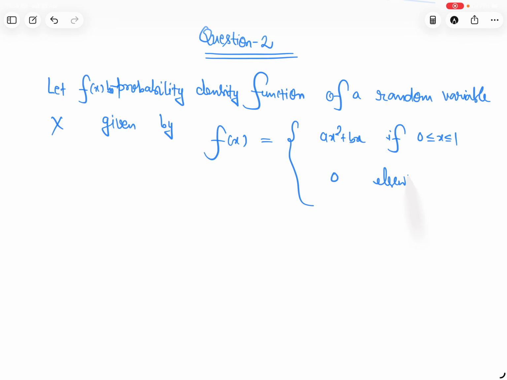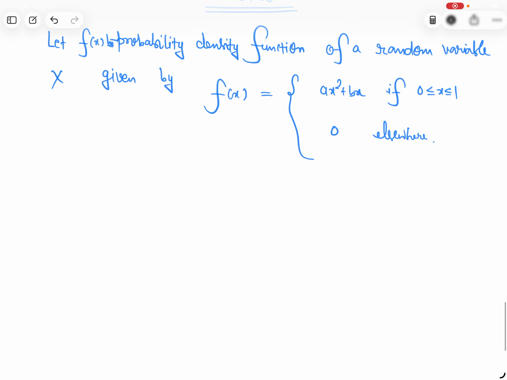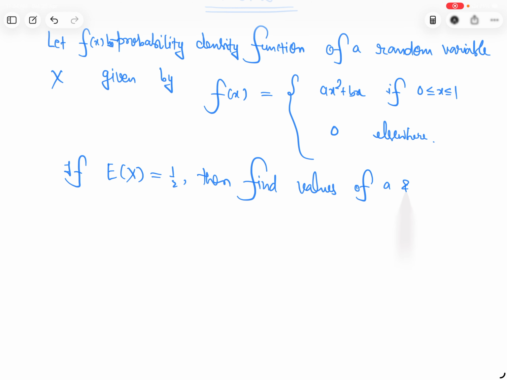If the expectation of X is equal to 1/2, then find the values of a and b. So let's see the solution.